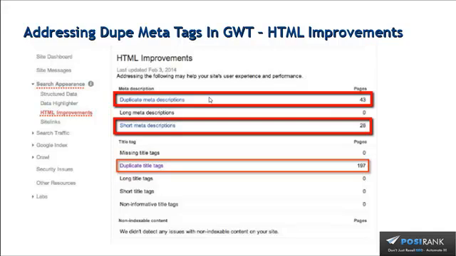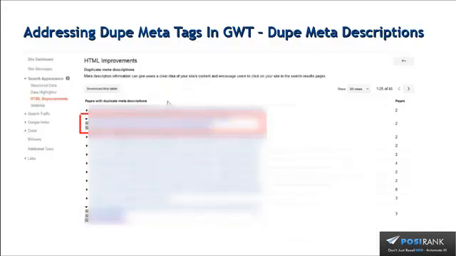Okay, so let's take a look at what this stuff looks like when there is an actual issue. So we'll click on the duplicate meta descriptions link, because you'll see this is blue here, and that can be clicked on. When you do click on it, you get a screen that looks like this. Okay, so what's going on here? First of all, I had to blur out the information just to protect the privacy of this example site.